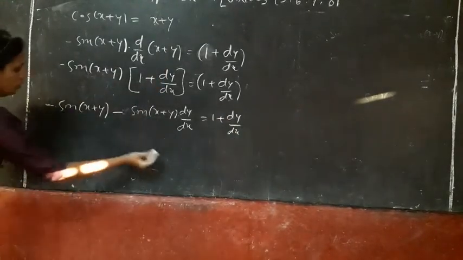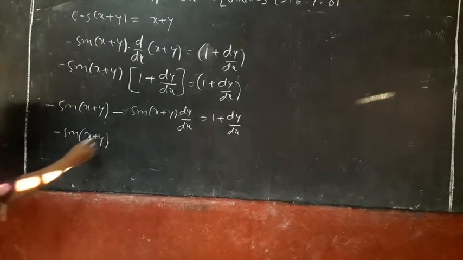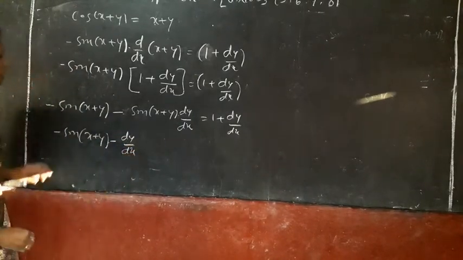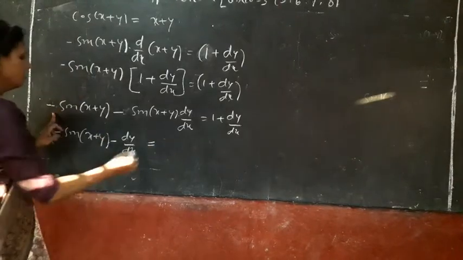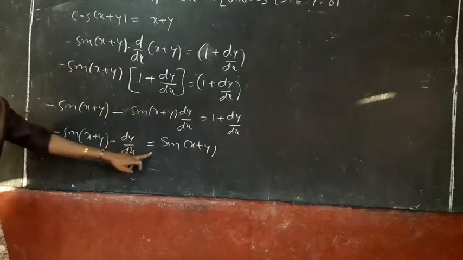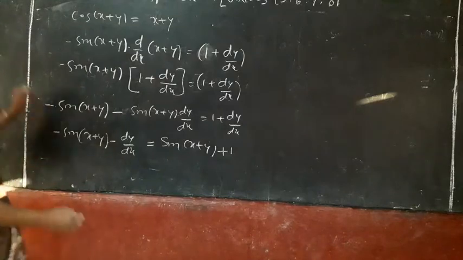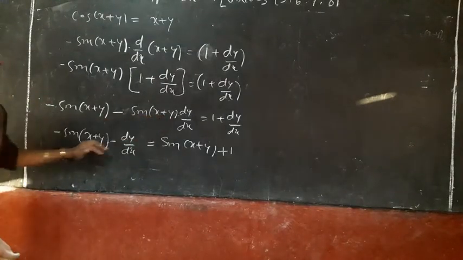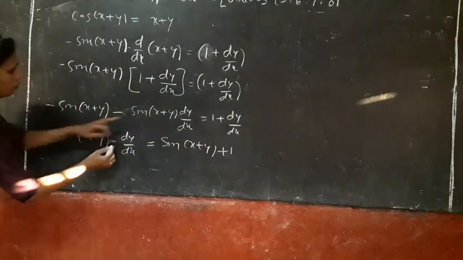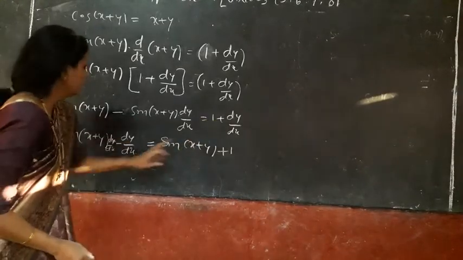Now take the terms dy upon dx, minus sin x plus y dy upon dx, take this also, minus dy upon dx. Now transfer this term, this becomes minus change to plus, sin of x plus y plus 1. See, this term, we have taken this term here, dy upon dx, minus dy upon dx.